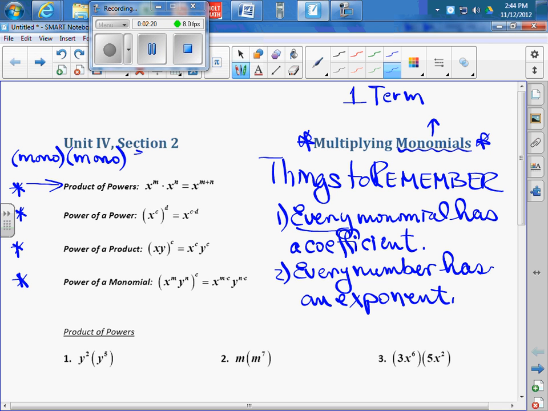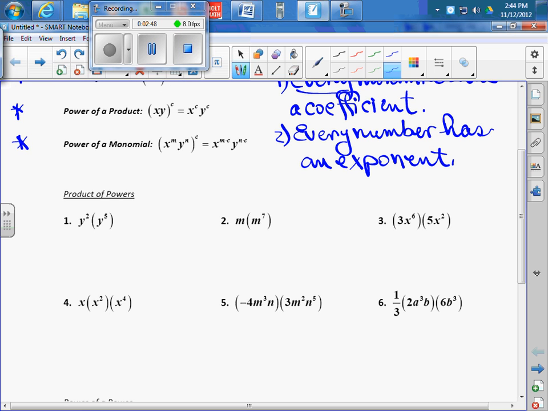Number one, you're going to multiply the coefficients, and then you're going to add the exponents of like bases. I'll tell you what I mean by that in just a few minutes.